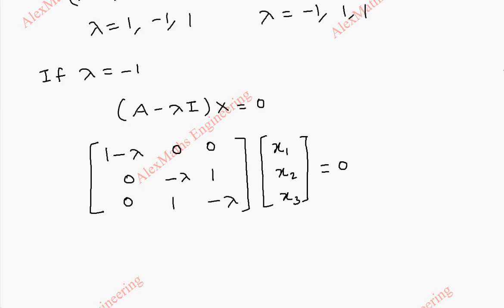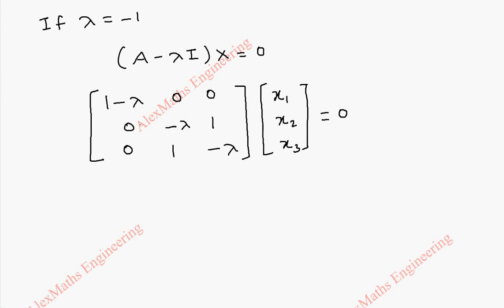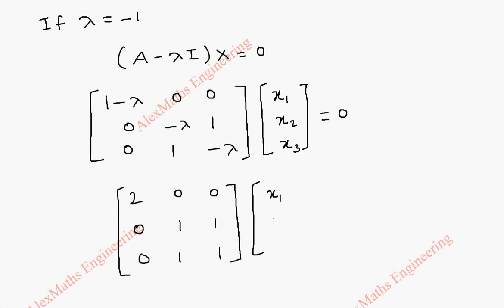Now when lambda is minus 1, we substitute here, so this becomes 2, 0, 0, 0, 1, 1, 0, 1 and 1, and this whole value we multiply with the column matrix x1, x2, x3, and this is equal to 0.